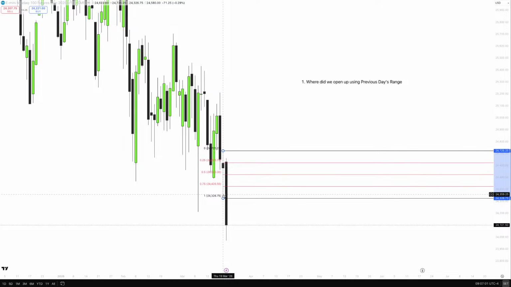So in this case, Thursday. And what I'm looking at here is where did we open up this day in this range. So in this case, we opened up in the upper quadrant of previous day's range.